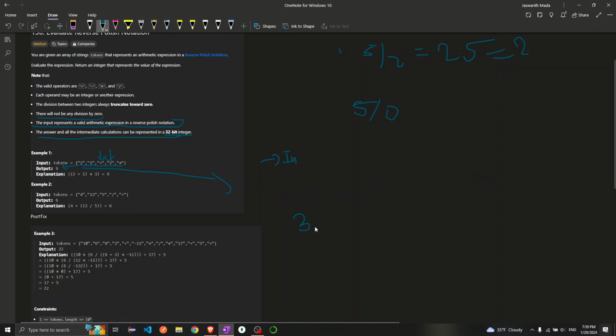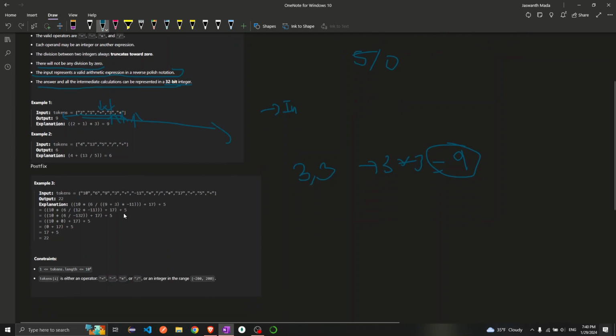Now we only have 3, and after plus we have another 3. So we'll store this. When we come to multiplication, we'll again take these two things and multiply them. So at the end our answer will be 9, and we have come out of the array. This is how we're going to solve this question.